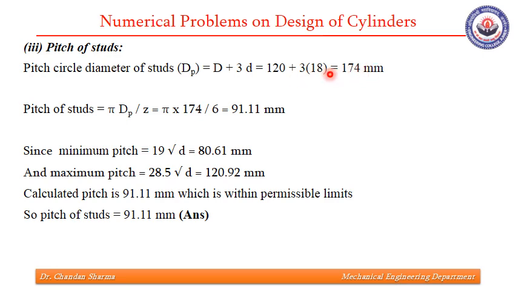If this is the pitch circle diameter, then pitch will be pi Dp over Z, where Z is the number of studs, that is 91.11 mm. We need to check whether this is within the permissible limits or not. Minimum pitch, we know, is 19 root d, which is 80.61 mm, and maximum pitch is 28.5 root d, which is 120.92 mm.